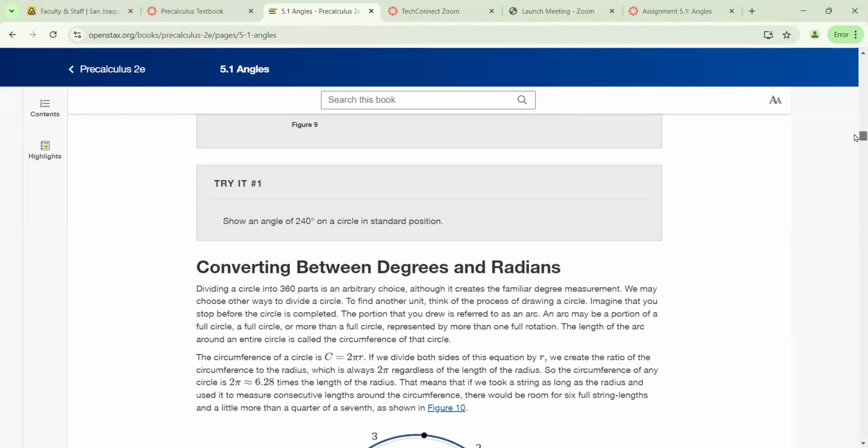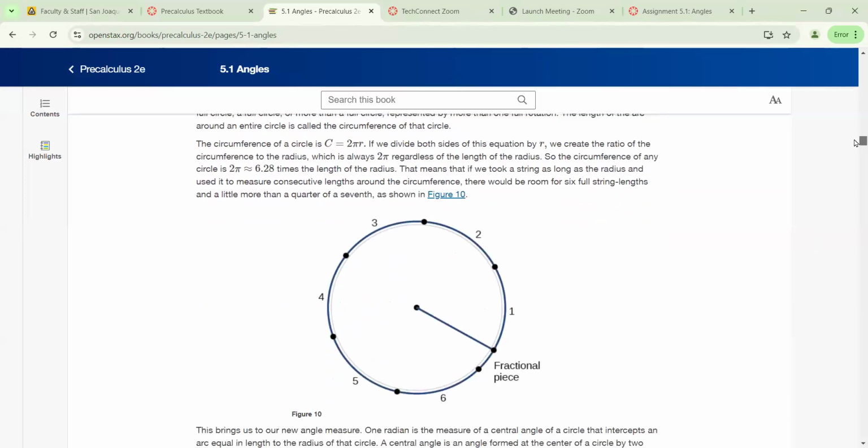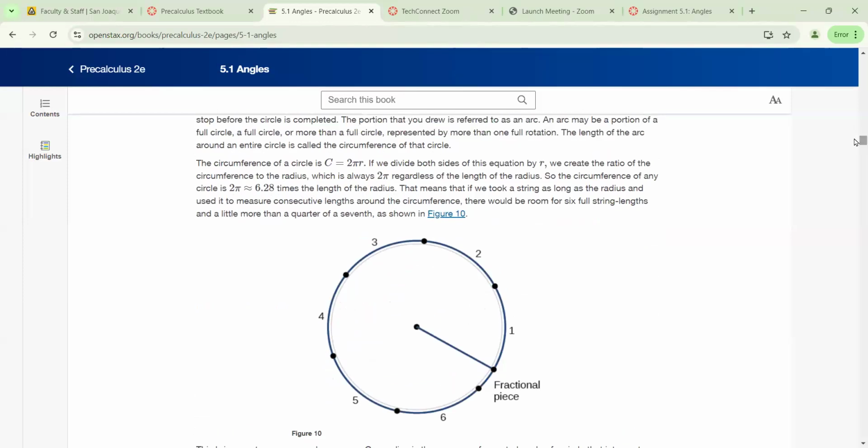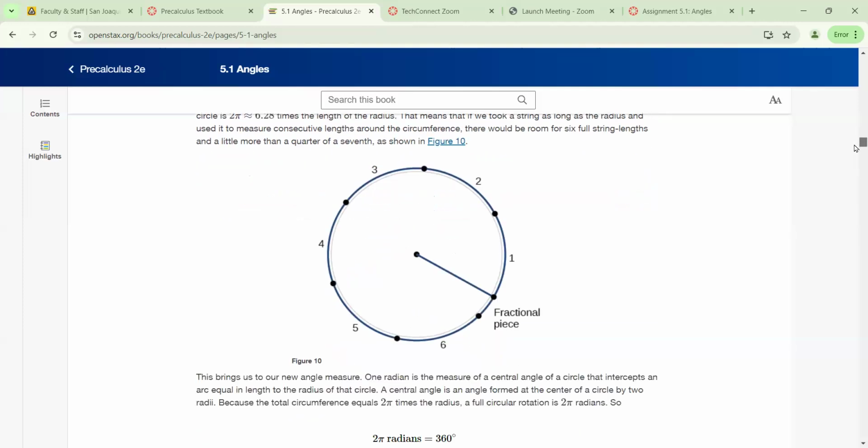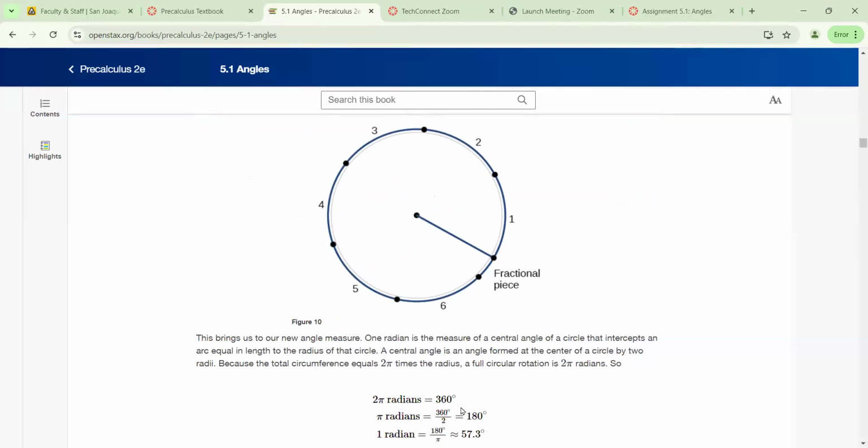Now, moving forward, converting between degrees and radians. There are 2 types of measures that we use for angles. Like with your circle's circumference, you might have seen the formula C equals 2 pi r. They're indicating that here to tell us how radians are calculated. So 2 pi is equal to 360 degrees.